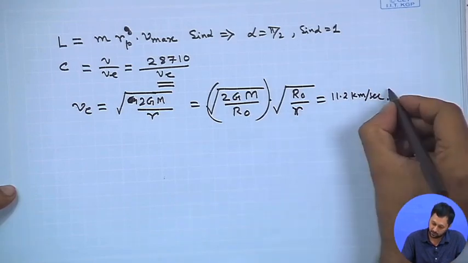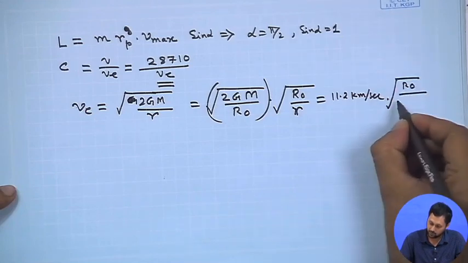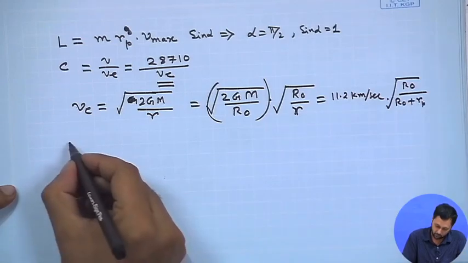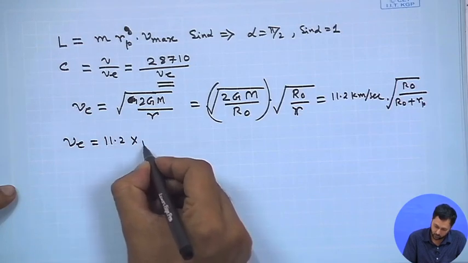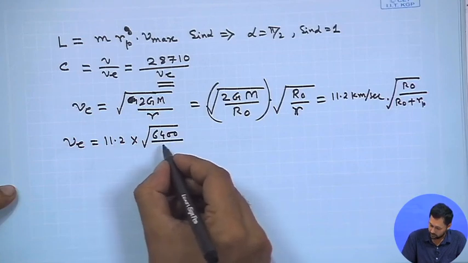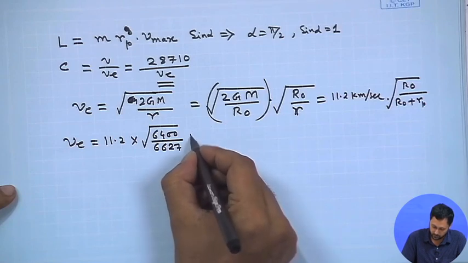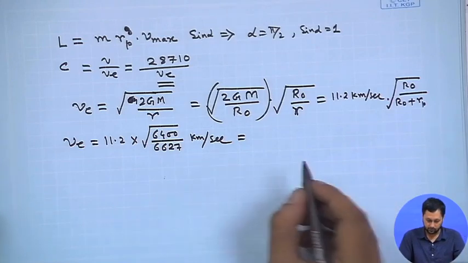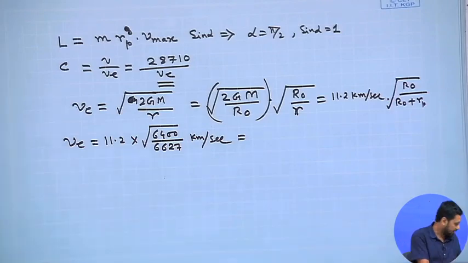Now, we just have to multiply this with root over r 0 divided by r 0 plus r p. So, V e is equal to 11.2 into root over 6400 divided by 6627 kilometers per second. If we do that, we will get a number. I do not have this calculated, but we can do that.